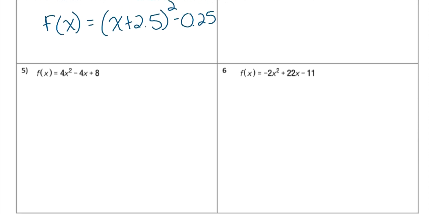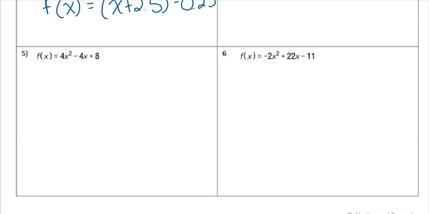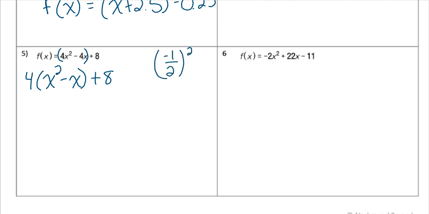All right, let's do 2 more here. So looking at number 5, when I group those together, I notice that there is an a value of 4. So I'm going to factor that out first and get x squared minus x in the parentheses. And then I am going to figure out what that b over 2 squared would look like.